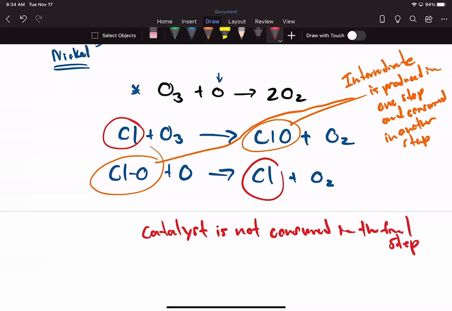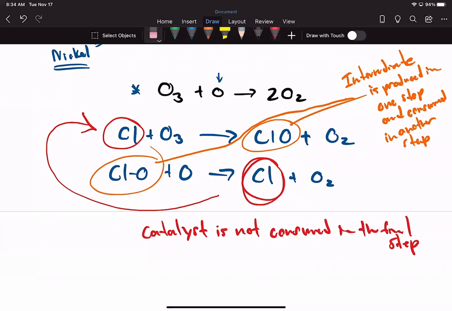The catalyst came in here, reacted with the ozone to break it down. We made an intermediate. And at the final step, we got our chlorine back. So this chlorine is now free to repeat this process, gets another ozone, gets another intermediate, and breaks it down into some more oxygen. And in the final step, we get that catalyst back.